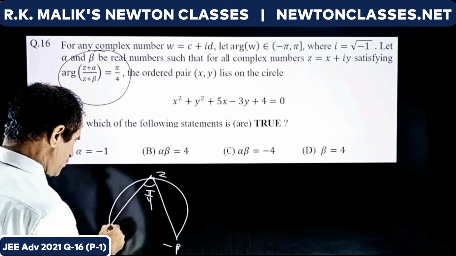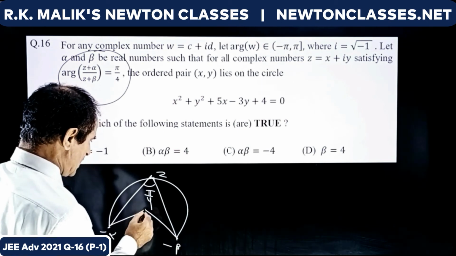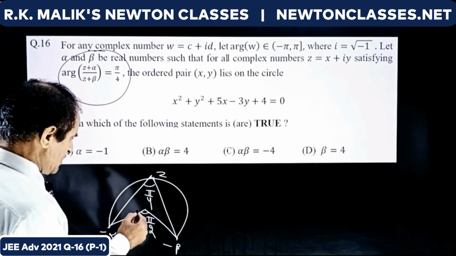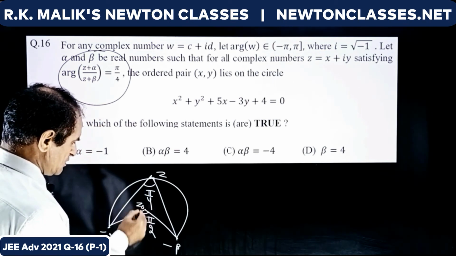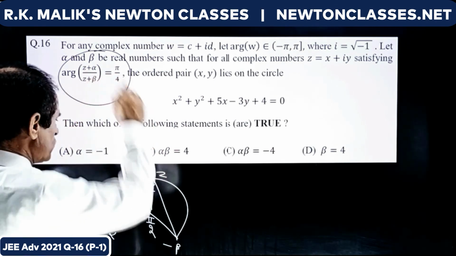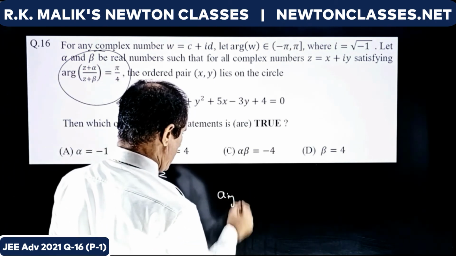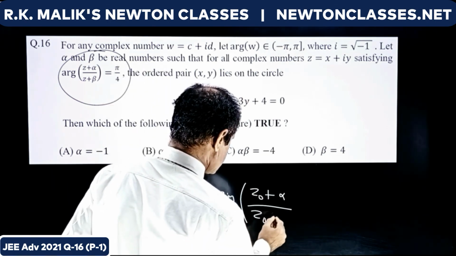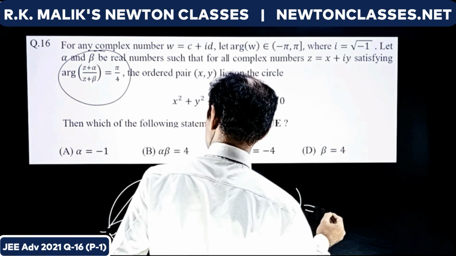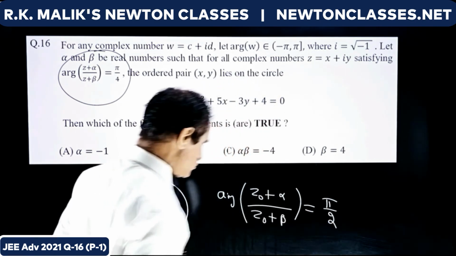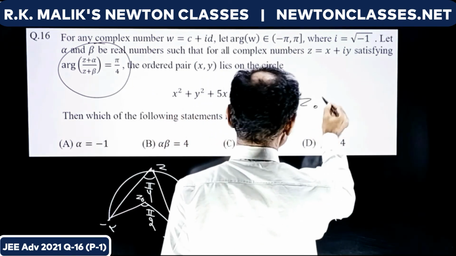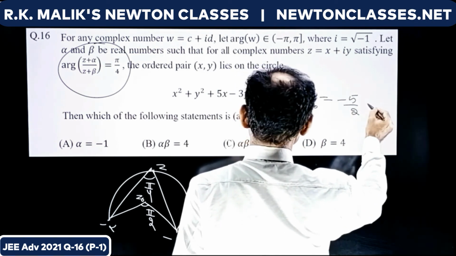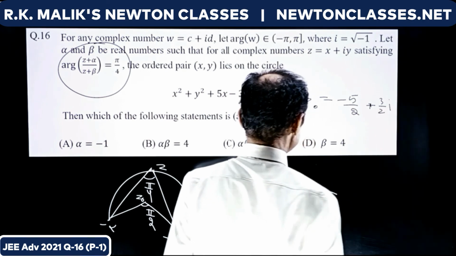Obviously, if this angle is pi by 4, the angle at the center will be pi by 2, and if this is the point z0, then according to this, argument of z0 plus alpha upon z0 plus beta will be pi by 2, because the value of z0, which is the affix of the center, is minus 5 by 2 plus 3 by 2 I.